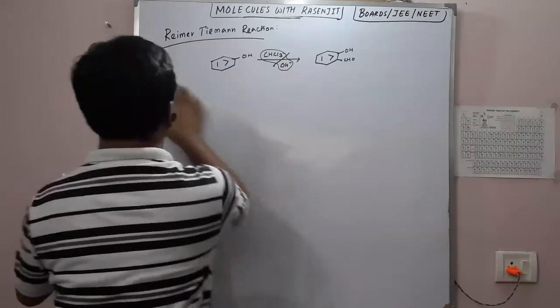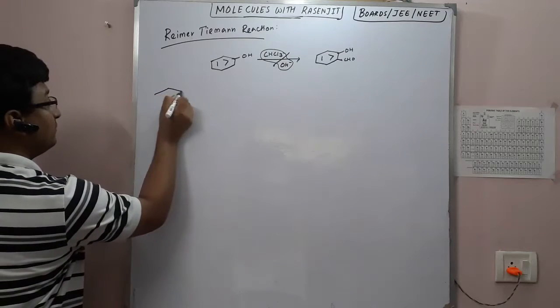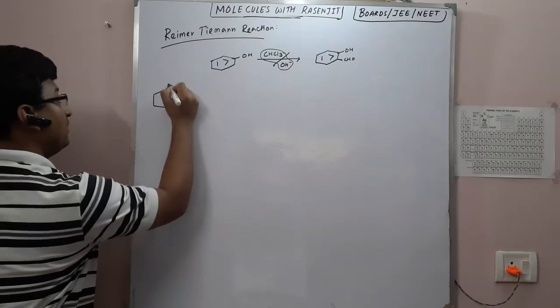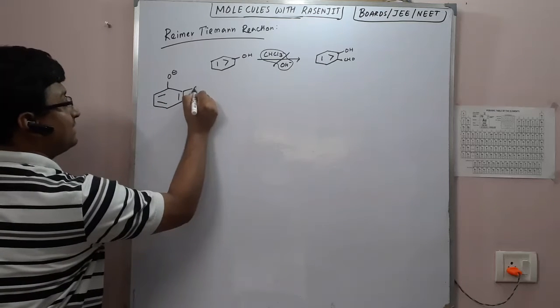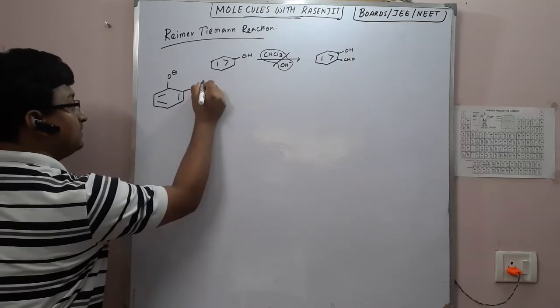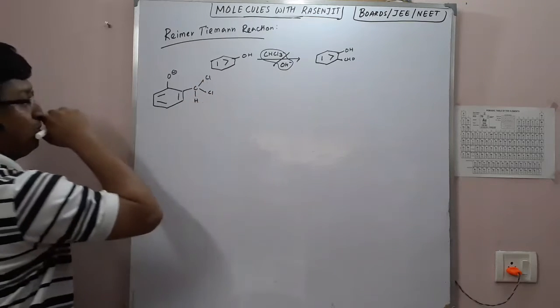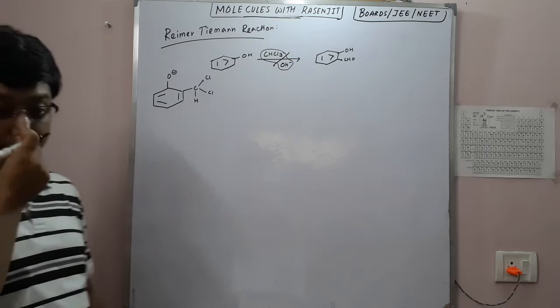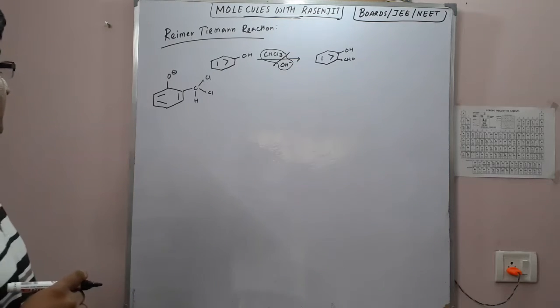So what we have here is O minus, and ClH, correct? Now in presence of base, what will happen here?